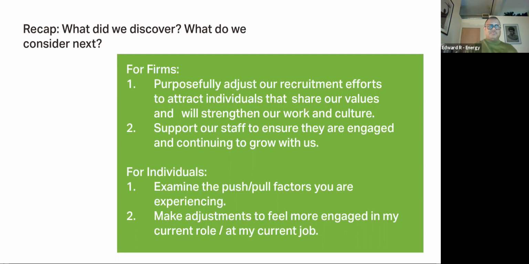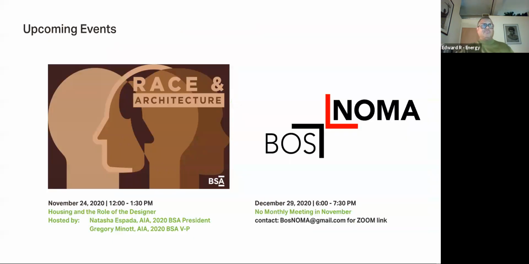For the individuals, what are the push-pull factors that you heard about which will affect your experiences in offices? And in some cases, what adjustments do you feel are necessary to feel more engaged in your current role at your office? The two have to work together, both the company and the individual, to figure out if there's a synergy which will keep you where you're at, or if there's a need to move forward.